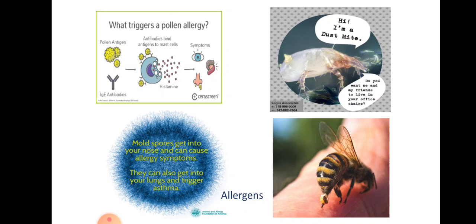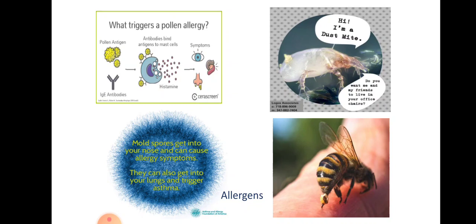In people with pollen allergies, the immune system mistakenly identifies the harmless pollen as a dangerous intruder. It begins to produce chemicals to fight against the pollen, which causes irritating symptoms such as sneezing, stuffy nose, watery eyes. So these are the common symptoms of pollen allergy.